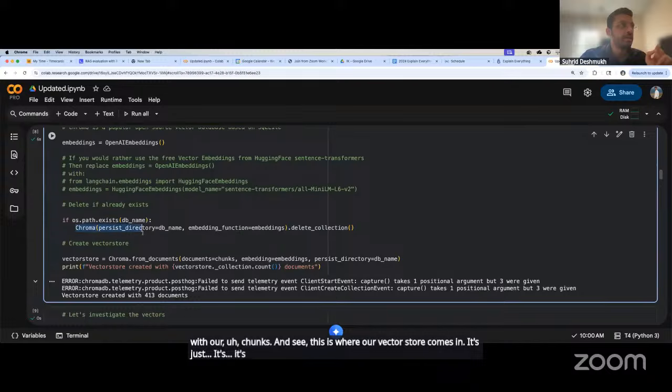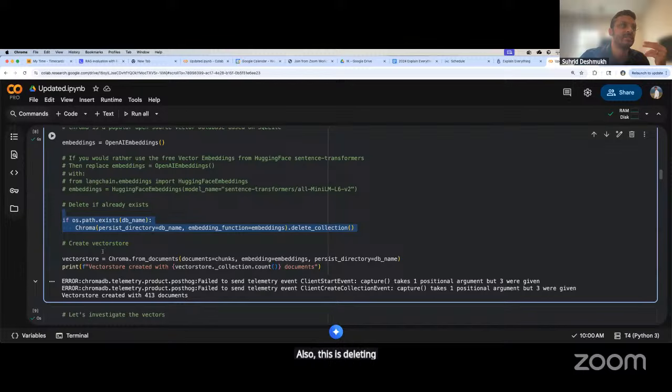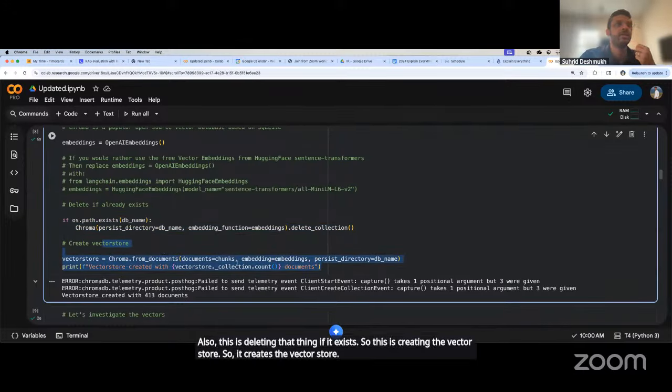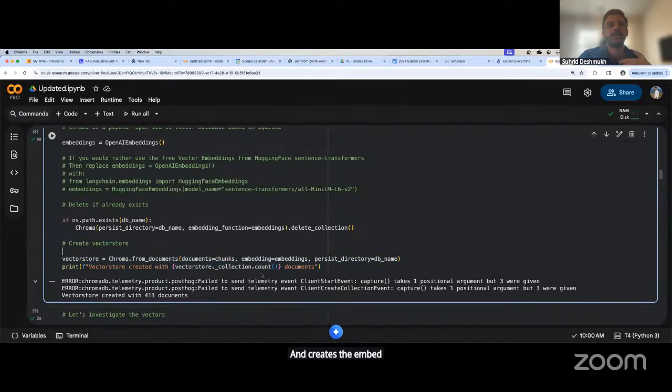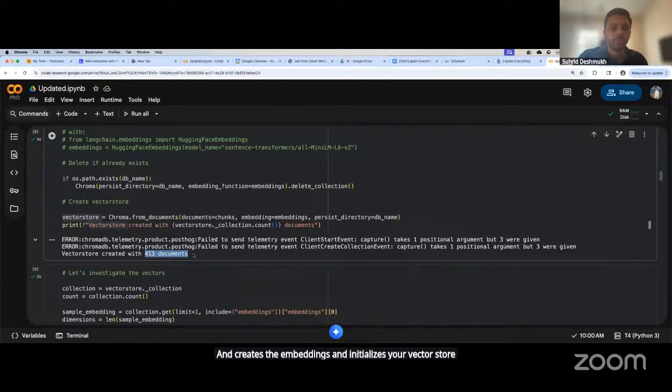It's a relatively simple line of code that initializes your vector database with the name that you provided and takes your embeddings. This is also deleting the collection if it exists. So this is creating the vector store. It creates the embeddings and initializes your vector store with the documents that you provided.